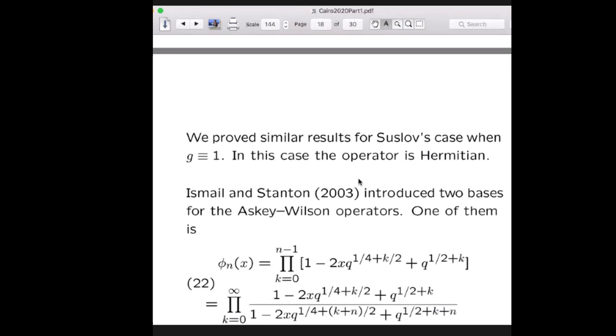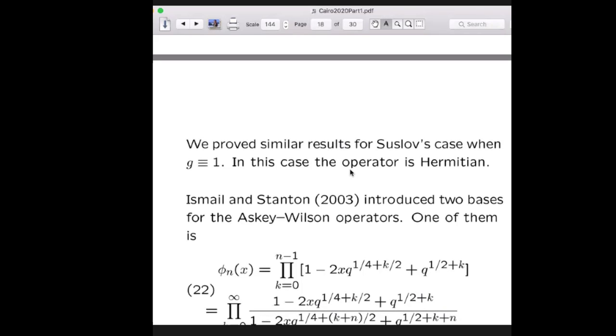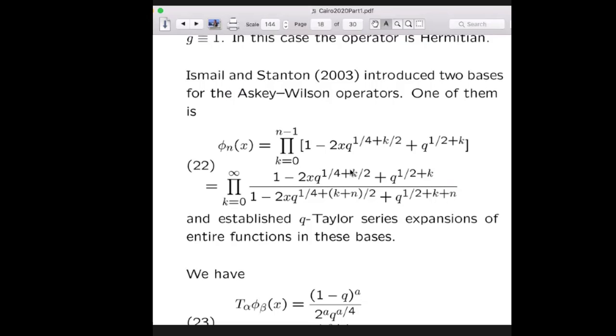Now, the next thing is, what's the analog of the powers for the Askey-Wilson? Dennis Stanton and I introduced this basis.